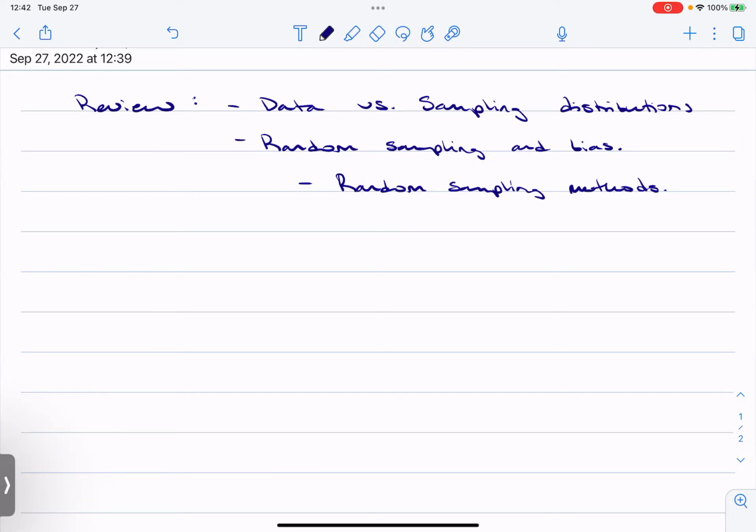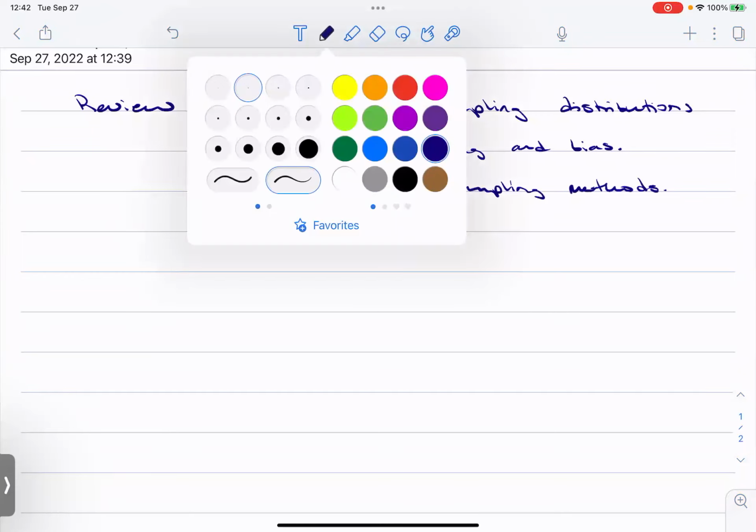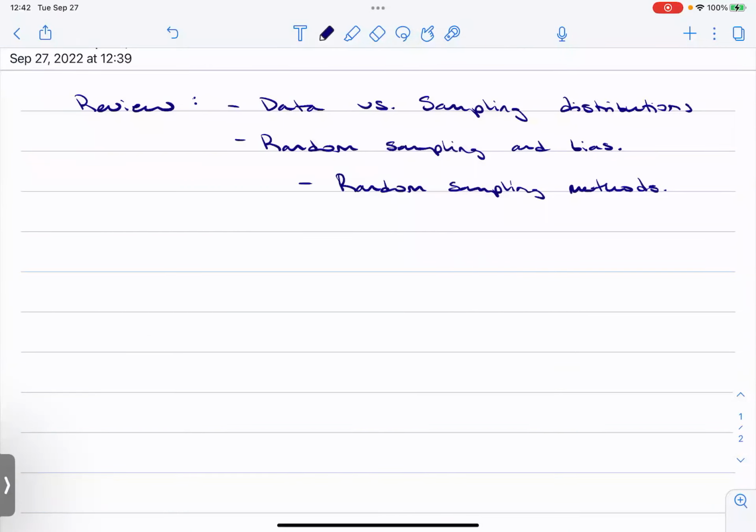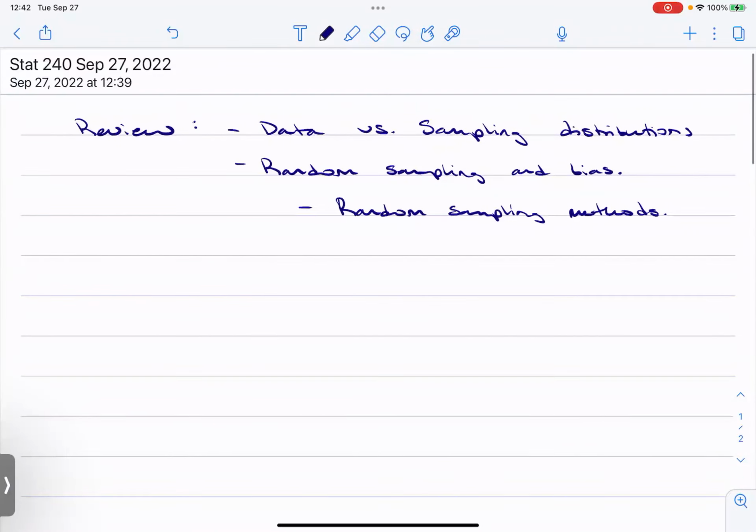We also talked about regression to the mean. That's just a fun thing, so I won't include that on here, where extreme values over time tend towards the average, the mean. Okay, not much in terms of review, but that's it.